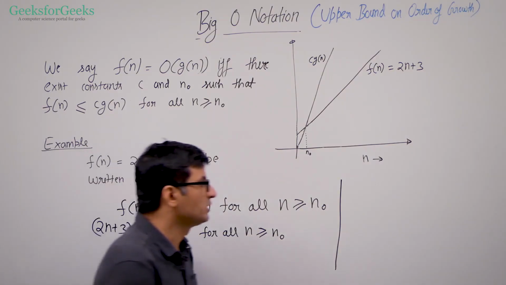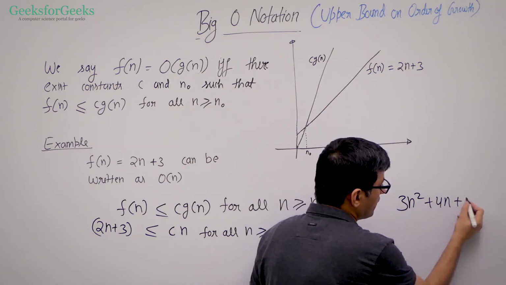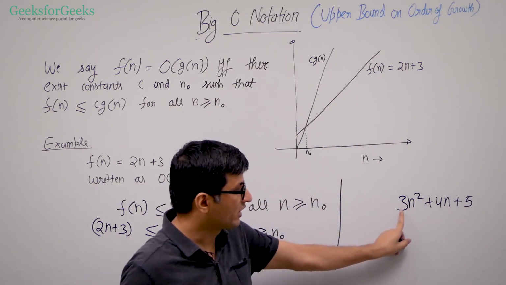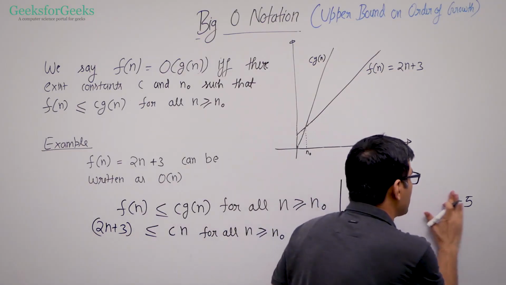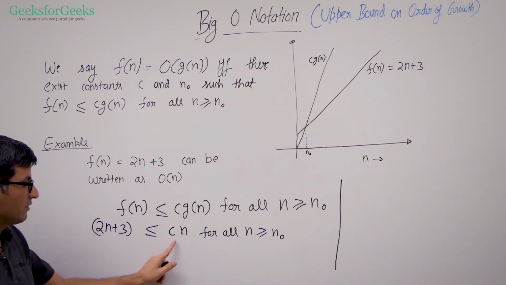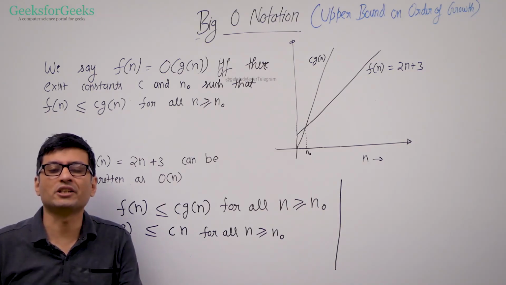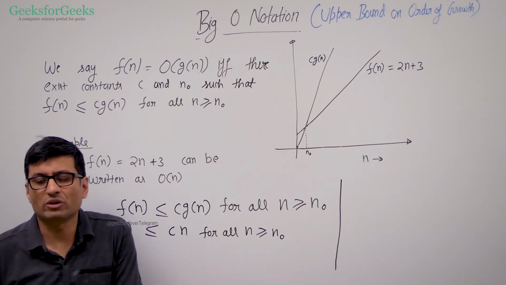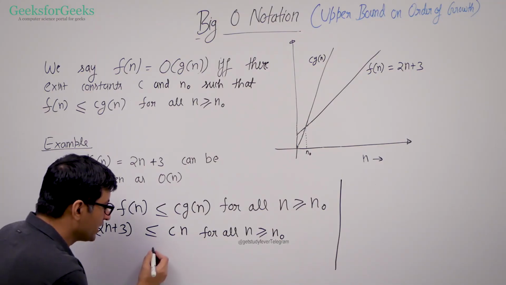If I take more examples, say 3n square plus 4n plus 5, the highest growing term is n square and the constant of the highest growing term is 3, right? So I simply take the constant of the highest growing term, which is 2 here, and I can have c as 2 plus 1, 3. Just take the next integer of the constant of the highest growing term, which is 2. So we can always safely take c as 3.